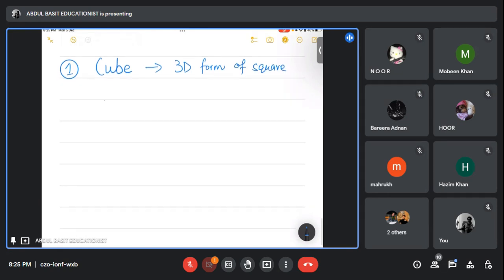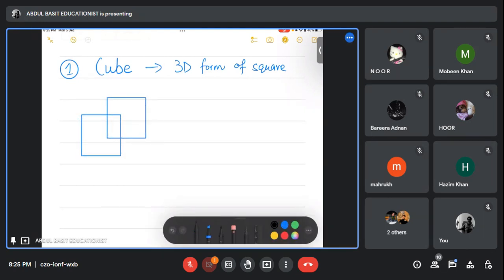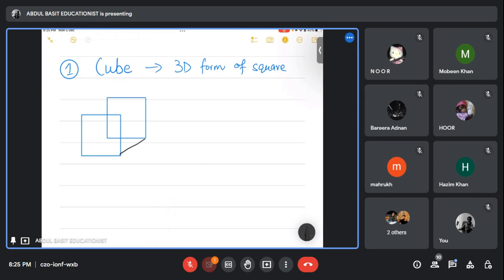But we have to keep this in mind. For example, let me draw a cube right in front of you. You can see that I'm trying my best to draw an accurate cube. If this is L, and that is L, and that is also L, all sides are the same.